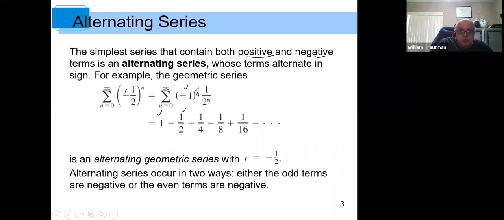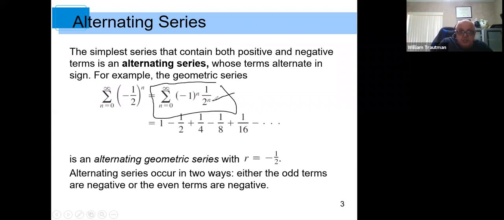Every time you put an even number here, you get a positive value, and with odd numbers that you put in there, you get a negative value.